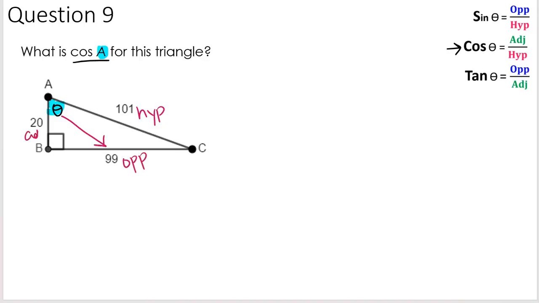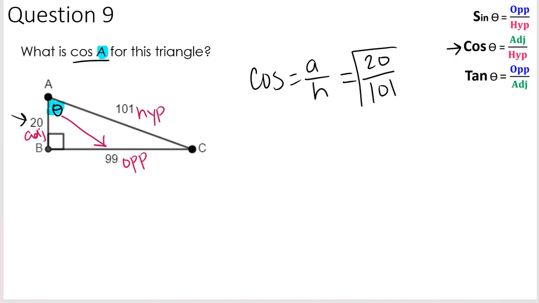The side next to it is my adjacent. Now, cosine is A over H, right? Adjacent over hypotenuse. So how much is my adjacent side? My adjacent side is 20. And my hypotenuse is 101. That's it. That is all you do.